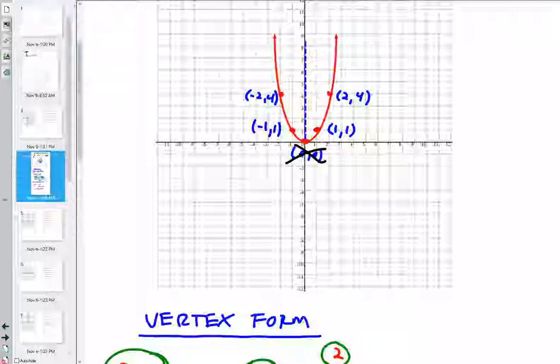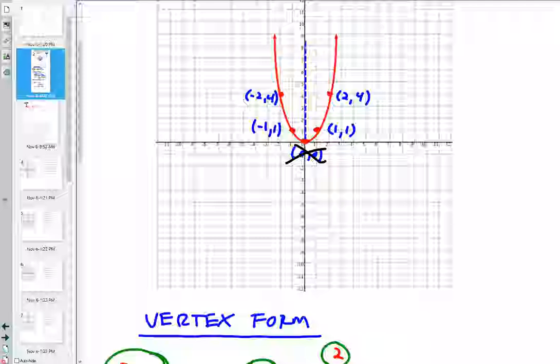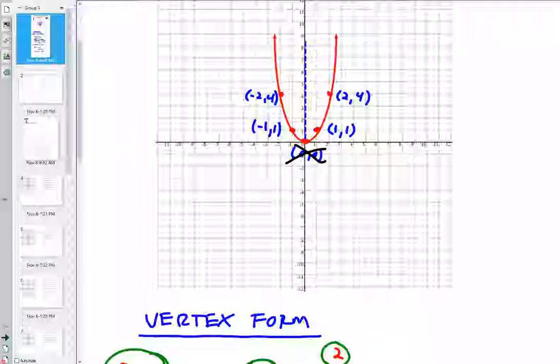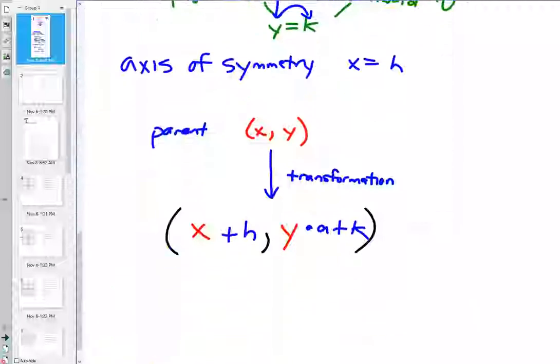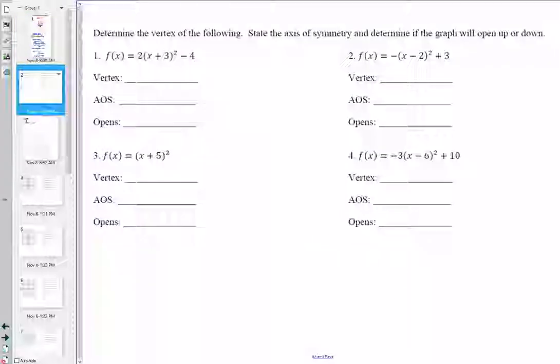All right, let's start exampling it up. This first example here, we have 4 different functions all written in vertex form. How do I know that they're written in vertex form?